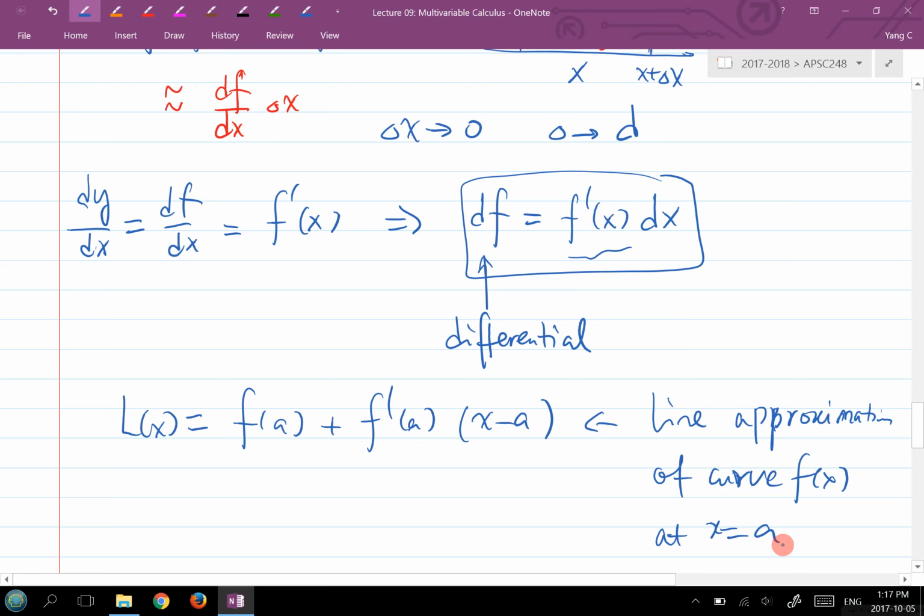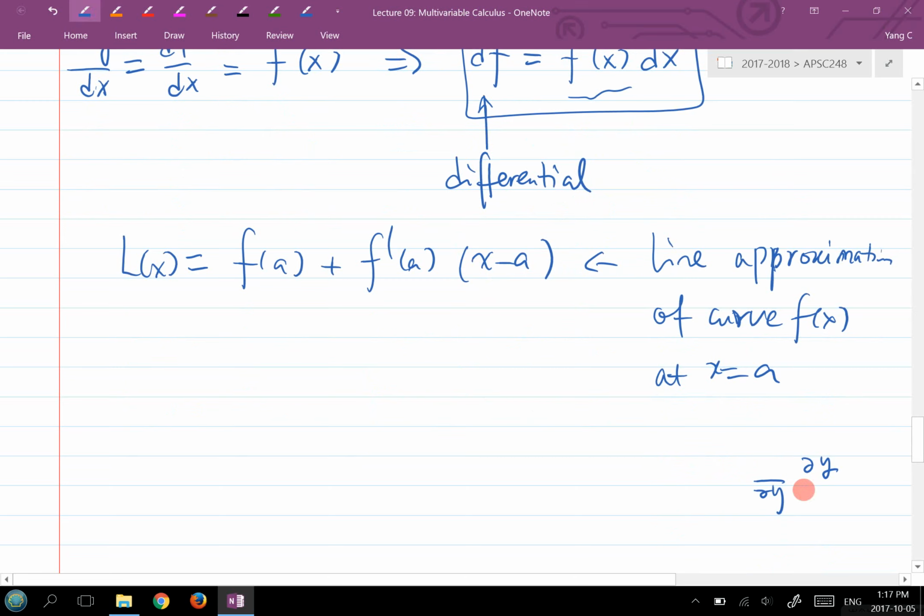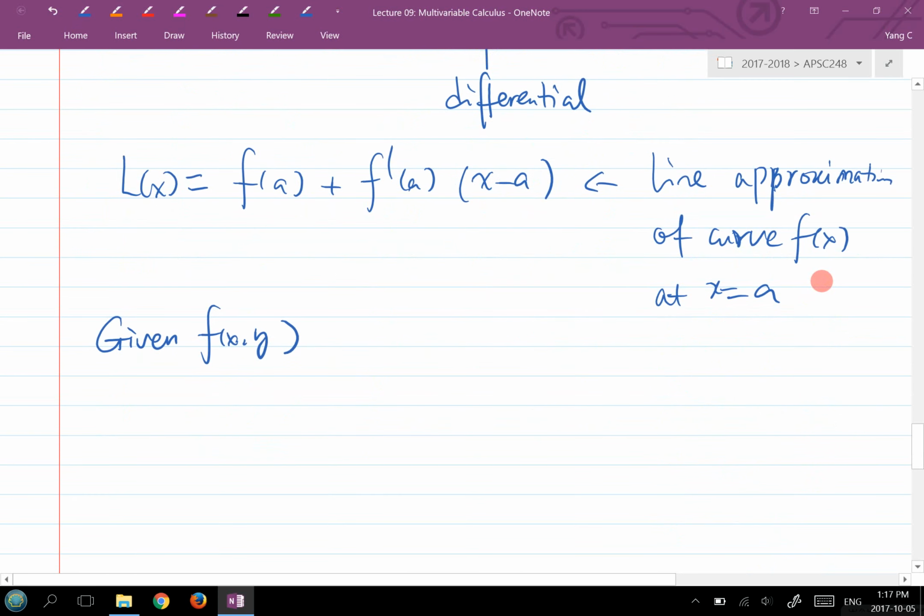Now let's extend it to a function of two variables. Think about a function of two variables now. I'm going to draw something here.